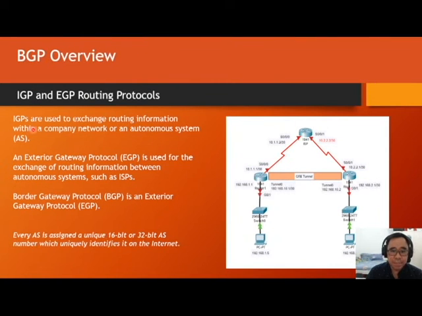Okay, so IGP and EGP routing protocols. IGP is used to exchange routing information within a company network or an autonomous system. An exterior gateway protocol, EGP, is used for the exchange of routing information between autonomous systems, such as an ISP. Border Gateway Protocol, BGP, is an exterior gateway protocol.